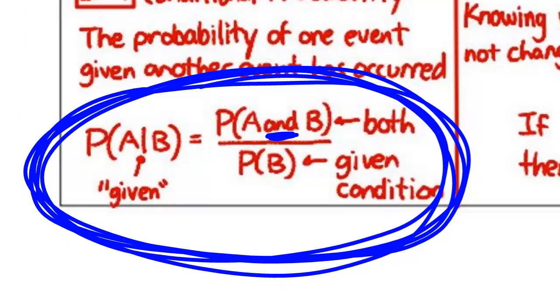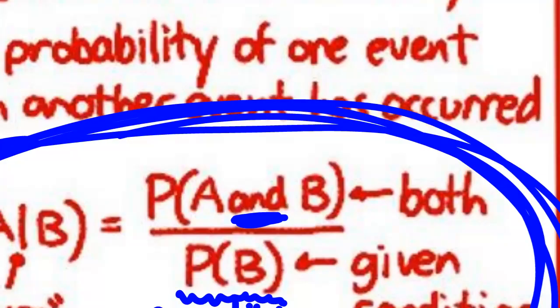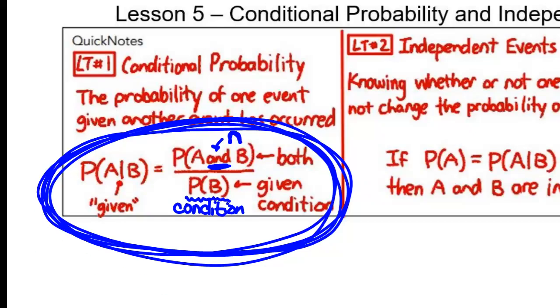On bottom, this is only the probability of the condition. So we have the intersection up on top, and only the probability of the condition, the thing that we know, goes on the bottom.